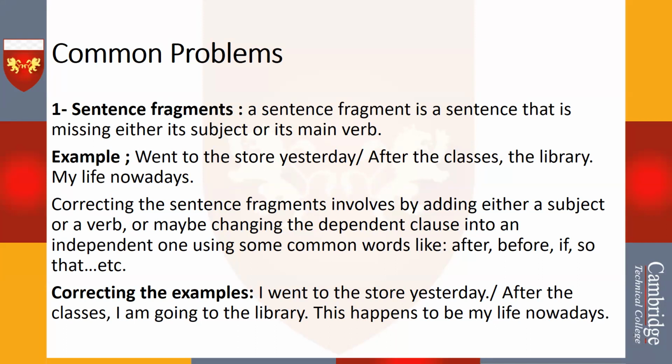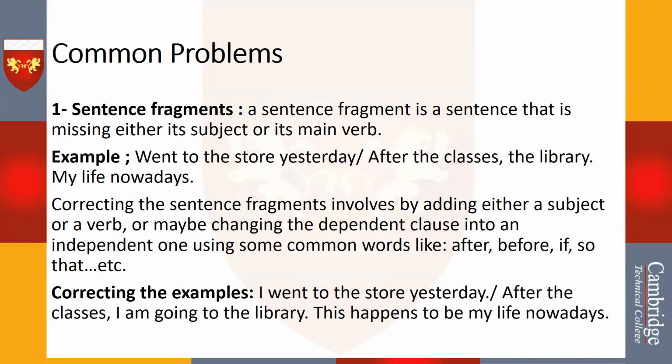In order to correct sentence fragments, we are going to add either the subject or the verb, or maybe change the dependent clause into an independent one using common words like after, before, if, so, that. Those are connectors. So to correct the sentence fragments, we need to put the connectors into the dependent or independent clause.